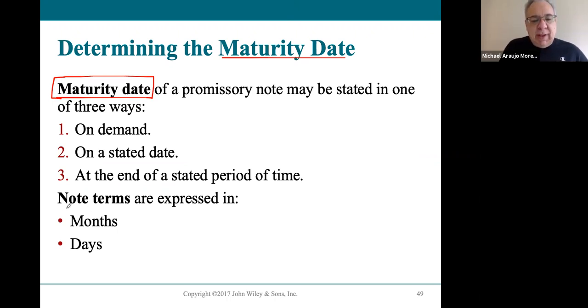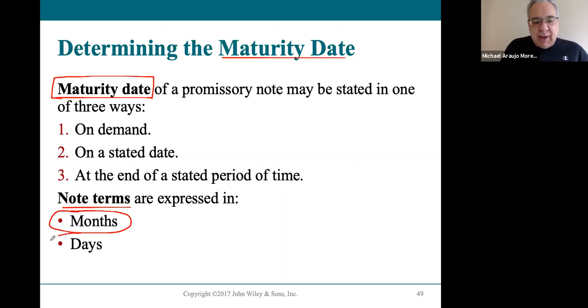Normally speaking, notes are provided in 2 ways. Most of them are for a number of months. So you'll have a note for 2 months, for 5 months. Some notes can run over 12 months, so some notes can be long-term, but most of them are short-term. Most of them are current.